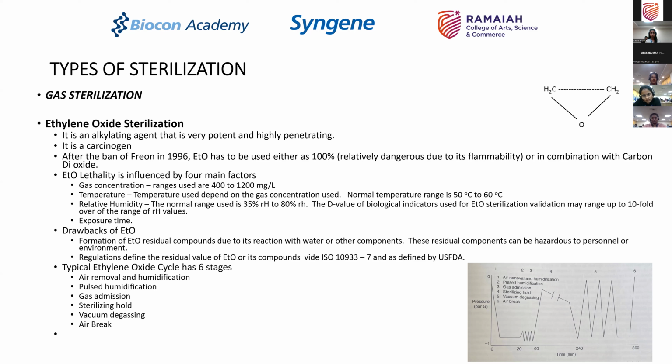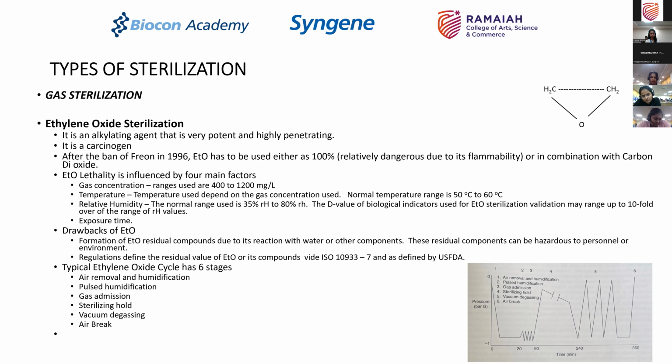Relative humidity is also very important. Normally 35% to 80% is what is used. And depending on what RH value you use, for the biological indicator, there could be a tenfold change when you change just the RH factor.